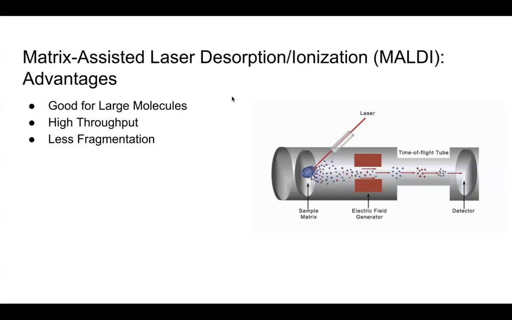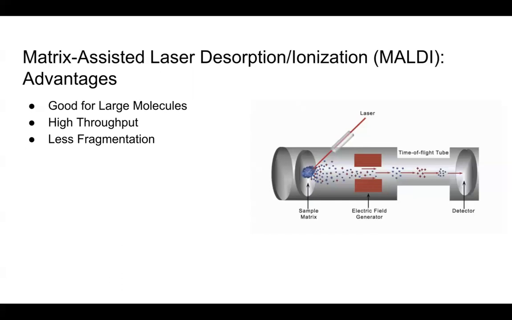So the advantages of MALDI is that it's good for large molecules, including peptides, proteins, and polymers, because it produces singly charged ions, resulting in a simplified spectrum with a high mass-to-charge range. It's also considered high throughput because samples can be prepared in an array format. It makes it efficient for large-scale proteomics studies.